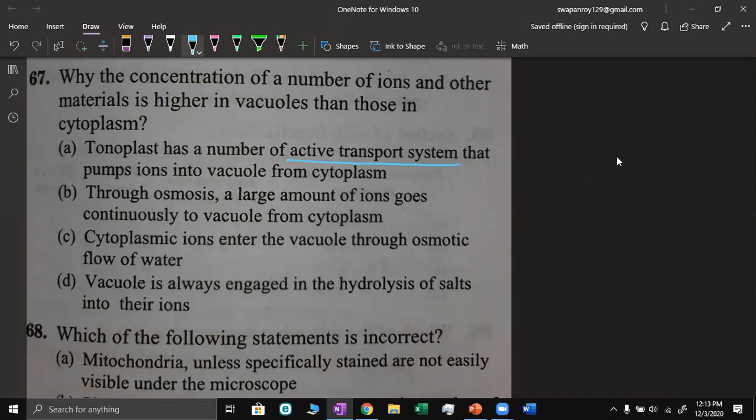Active transport sends substances against the concentration gradient.